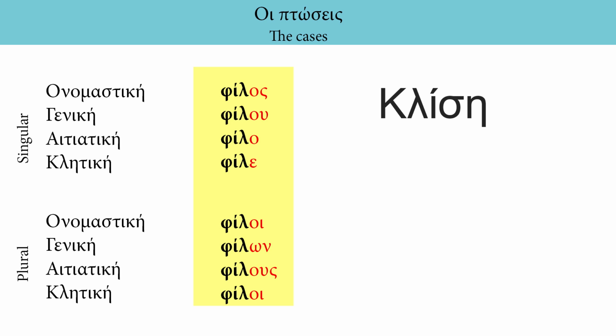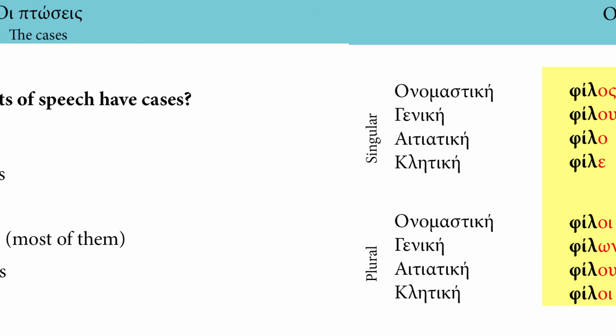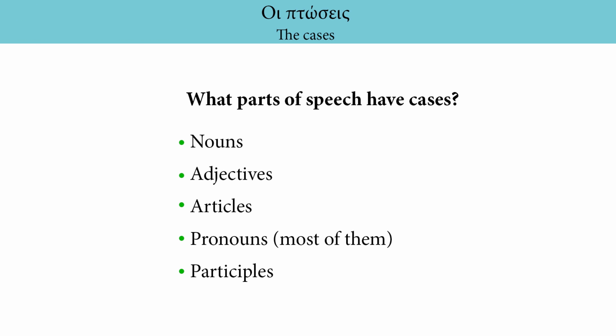Not every part of speech is declinable. If you have watched my parts of speech video, you know that. The parts of speech that are declinable in Greek, that have cases, are the nouns, the adjectives, the articles, most pronouns, and the participles.